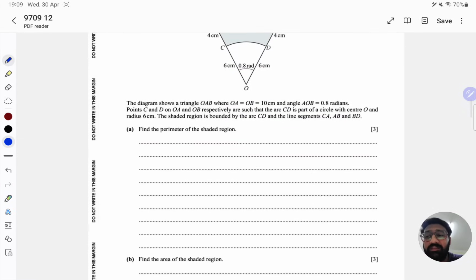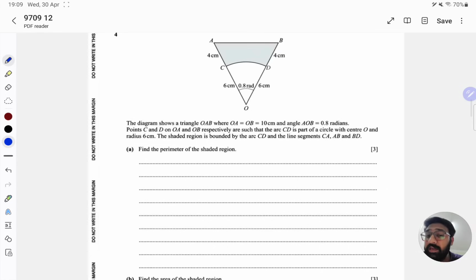Question number 4 says, the diagram shows a triangle OAB, where OA equals OB equals 10. So the complete side is 10. Angle AOB is 0.8 radians. So let's change the calculator mode to radians.